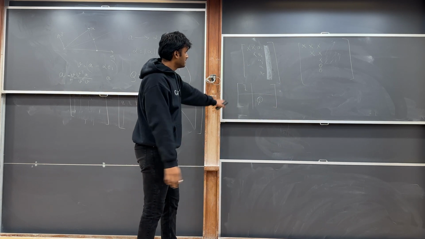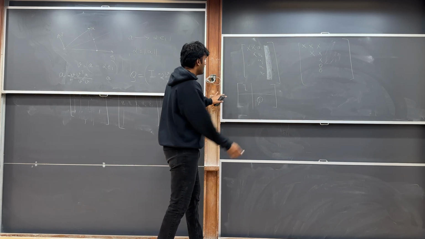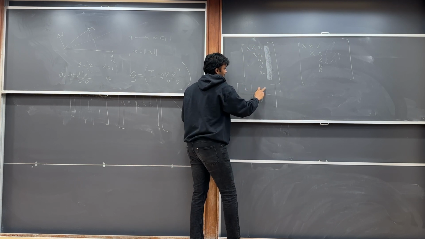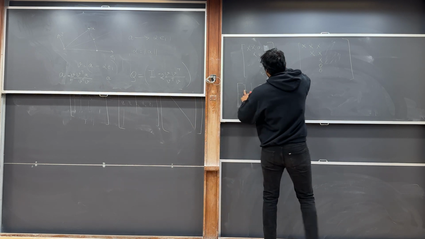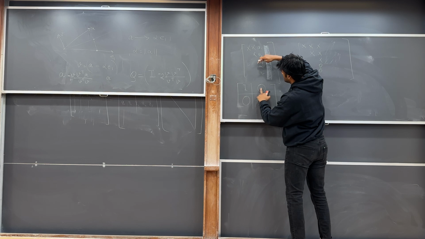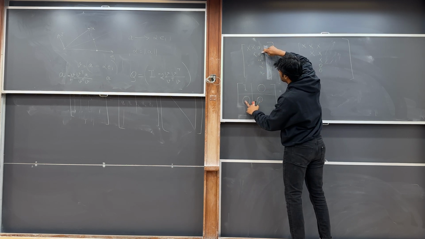So when I apply such a matrix to this, what happens? I multiply identity with this part, this remains unchanged. I multiply identity with this part, it remains unchanged. I multiply 0 with 0 parts, this remains unchanged. I multiply 0 with this part, it turns to 0.